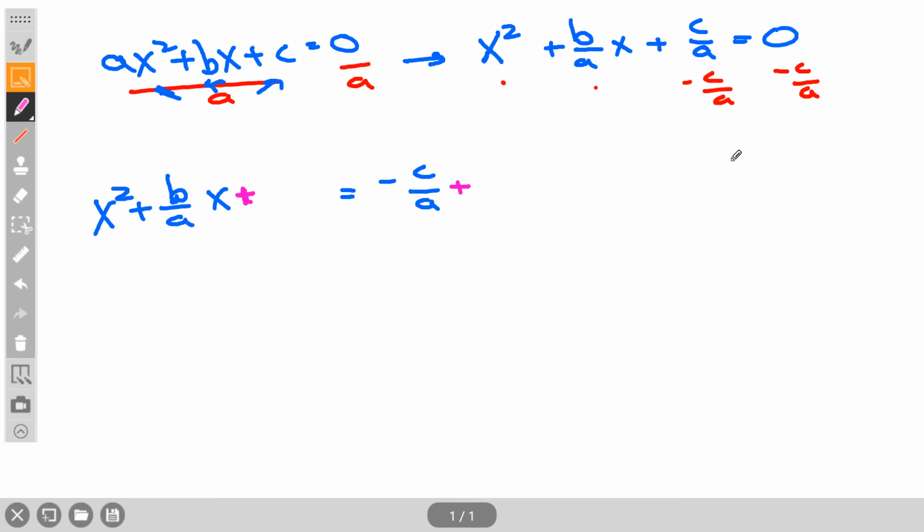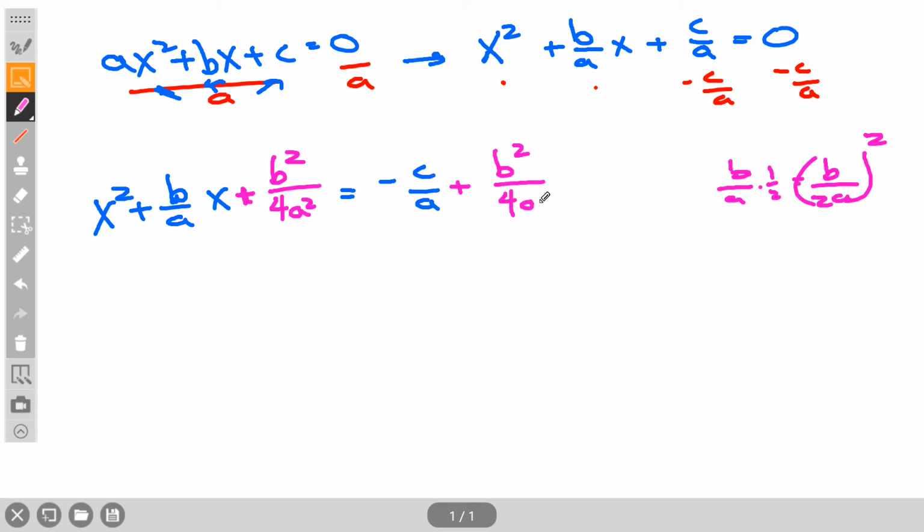I'll do that over here. So b over a times 1/2 is b over 2a. And then to get what we're adding here, we'd have to square it, so b squared over 4a squared. So what we would have to add here is b squared over 4a squared. We'd have to add it to the other side as well, over 4a squared.